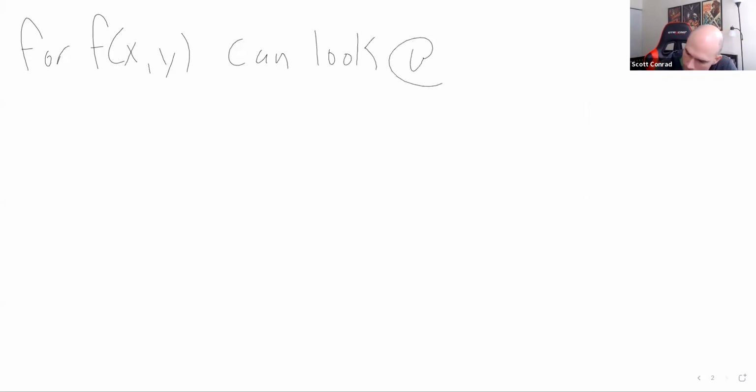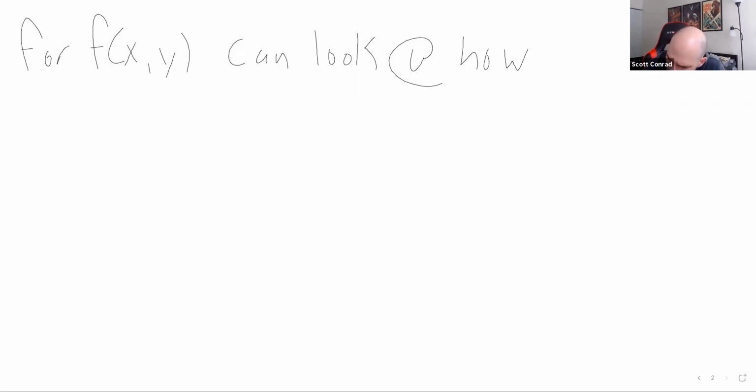So if we have a function of two variables, now we have two things that we can change about the function. We can change x by a little bit, or we can change y by a little bit, or both.